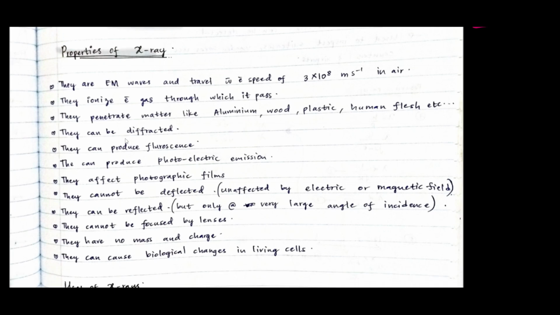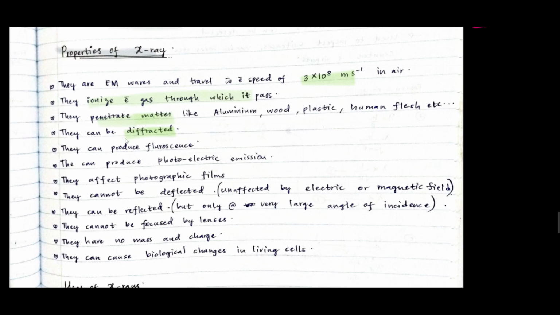Next, properties of X-ray. We know that X-rays are electromagnetic radiation. So they show all the characteristics of EM waves. They travel at the speed of 3 times 10 to the power 8 meters per second. And they have more energy, therefore they can ionize the gas which they pass through, and they can penetrate matter like wood, plastic, human flesh, etc. They can be diffracted.